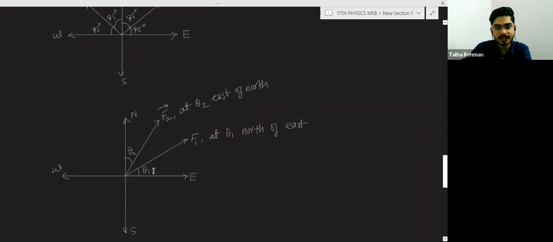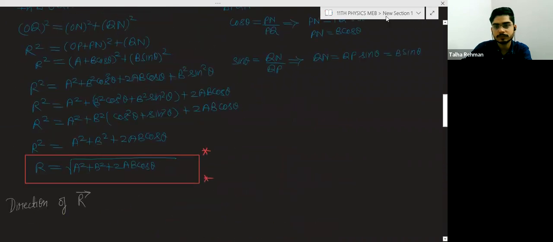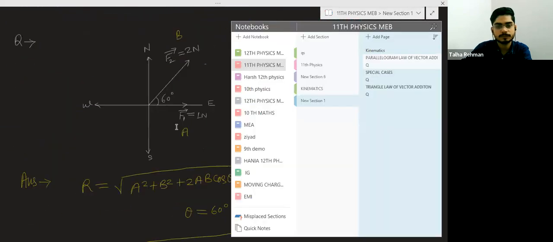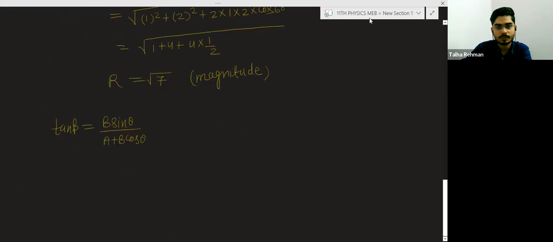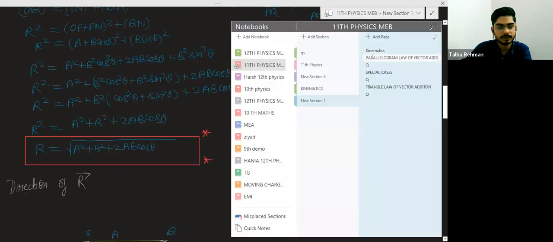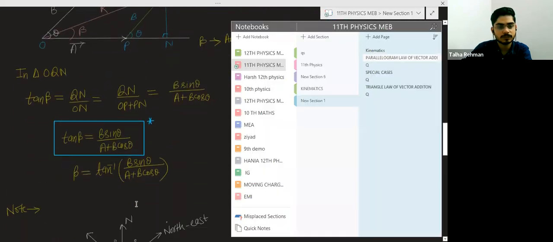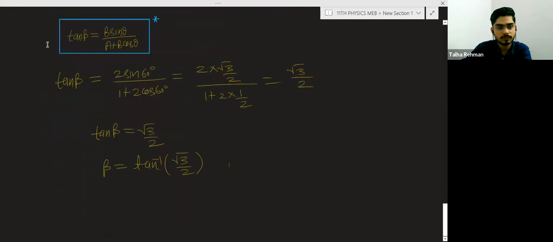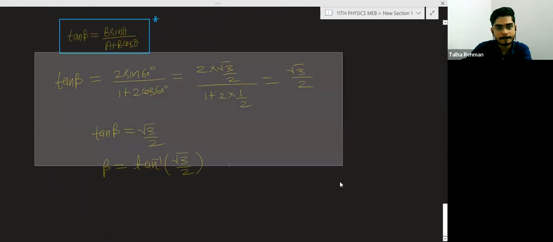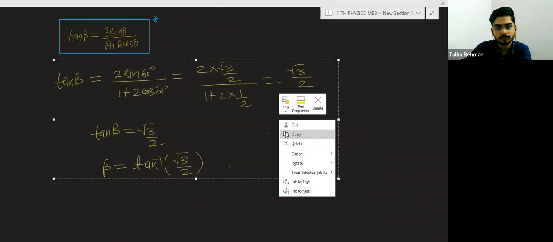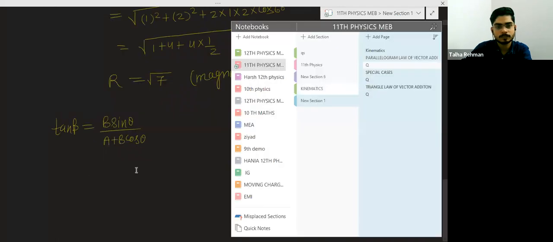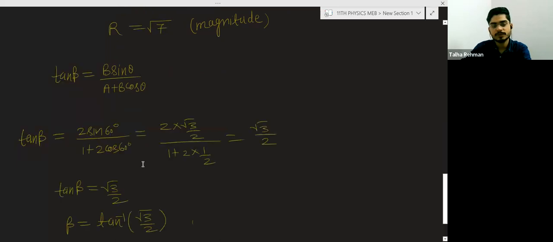Beta is the resultant's angle. So this is your beta.